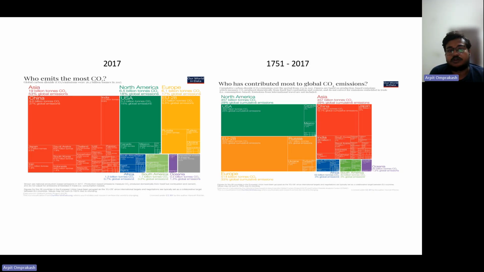And then Europe, where the EU28 has 9.8% of global emissions. So we would think that maybe China, India, and all these countries are emitting the most carbon dioxide, so they should be putting in more steps, more effort to deal with this climate crisis, right?